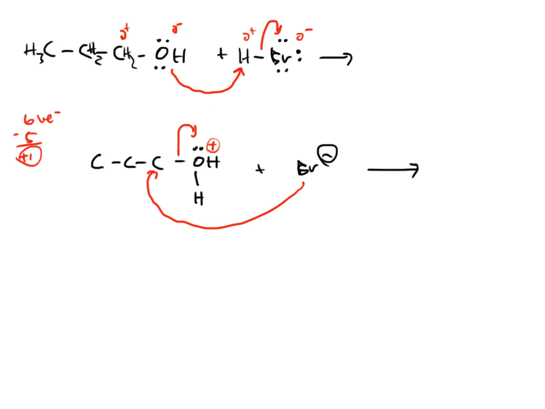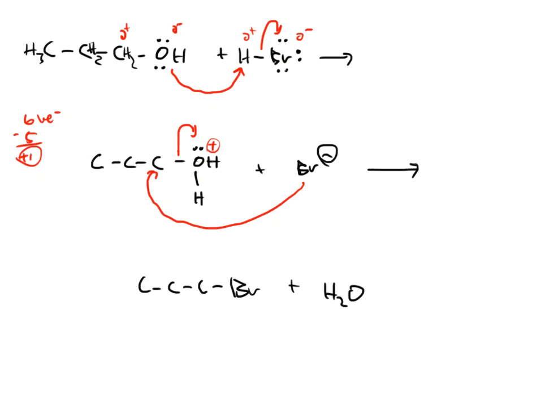So what we end up with at this point is a carbon, carbon, carbon with now a bromine on it. And then this OH group took the other hydrogen. And folks, look at what that makes. That makes H2O, water.